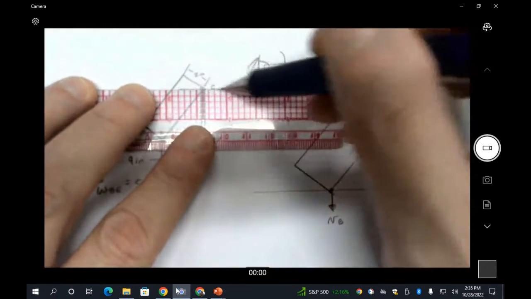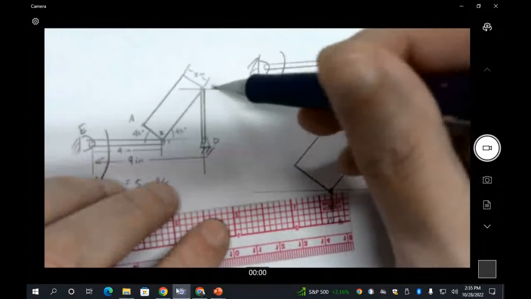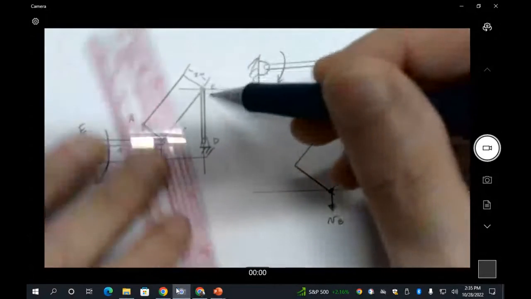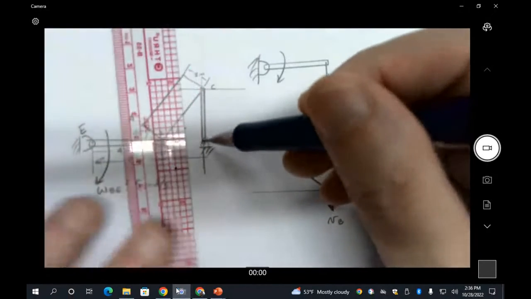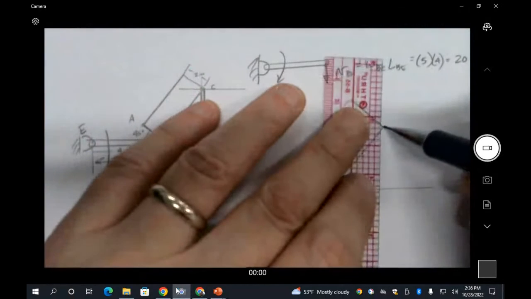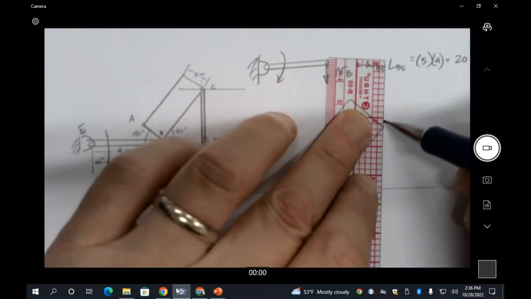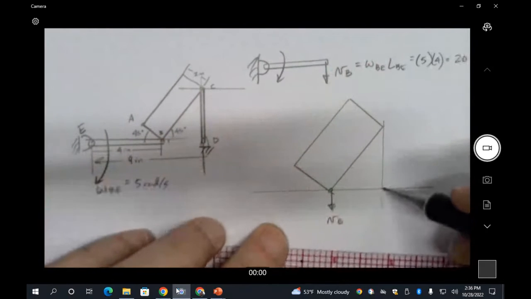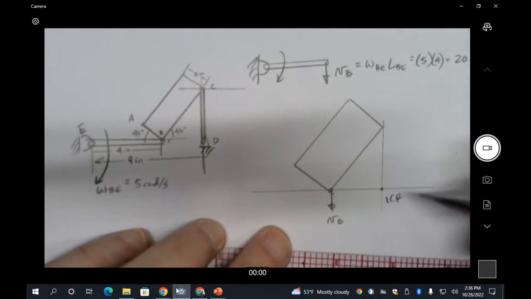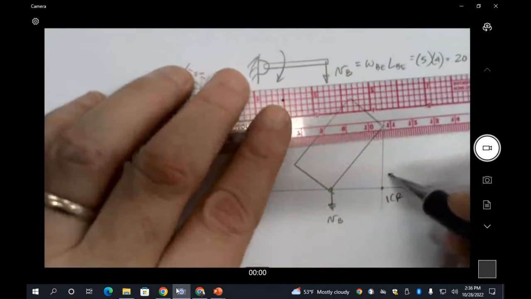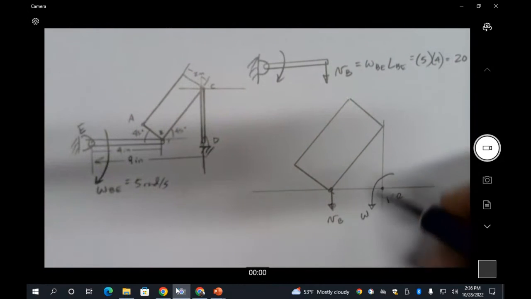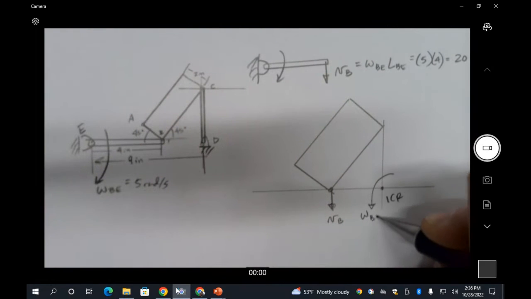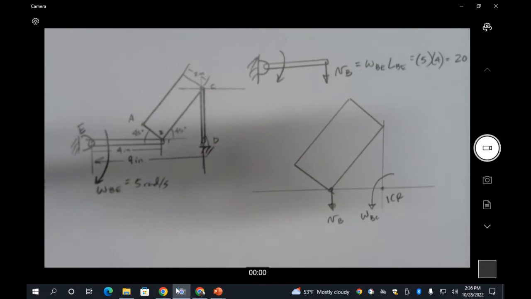Looking back up to here, the velocity at C must go left and right, so it has to have the perpendicular coming down between there, and that's what forces the ICR to be right here. And we'll note that that means omega BC must be going that direction.